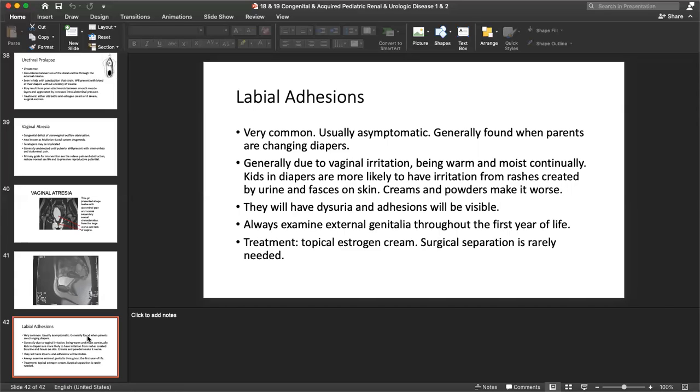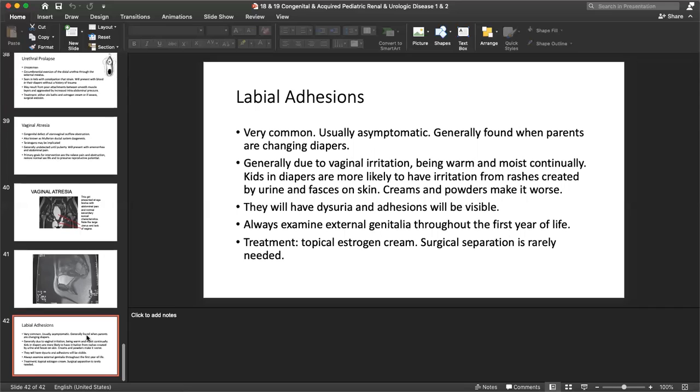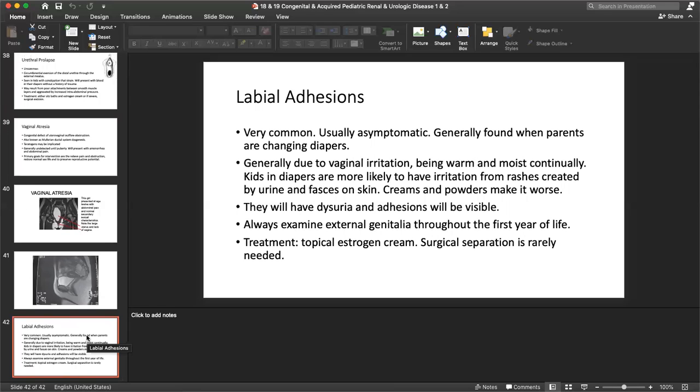Always look at the external genitalia through the first year of life. Treatment is going to be similar to the urethral prolapse, and it's going to be topical estrogen cream. Surgical separation rarely needed.